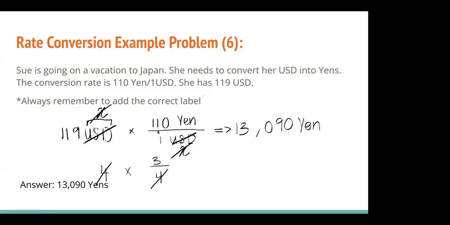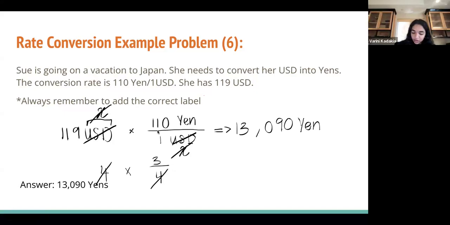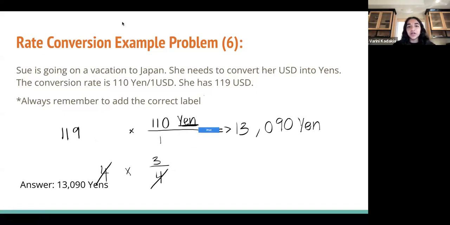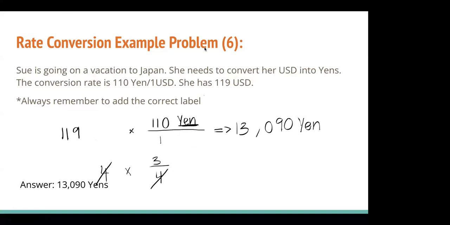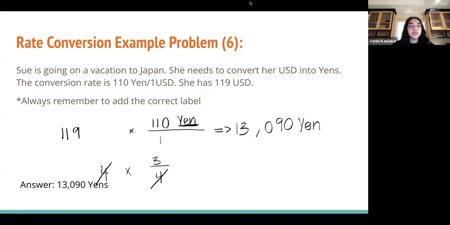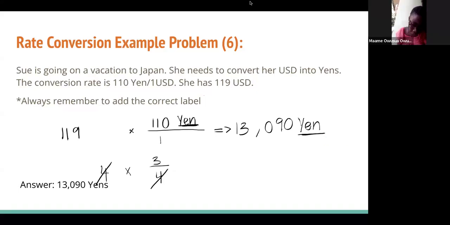Because this 119 no longer has units, because you canceled out the units, it just takes the units of whatever is left. So if there's yen here, that will be your final unit. Just think of it as manipulating fractions so that you're able to end up with the correct unit at the end. Okay?